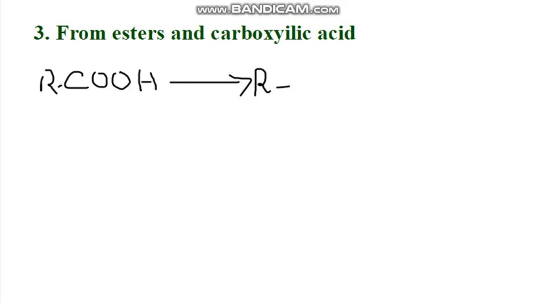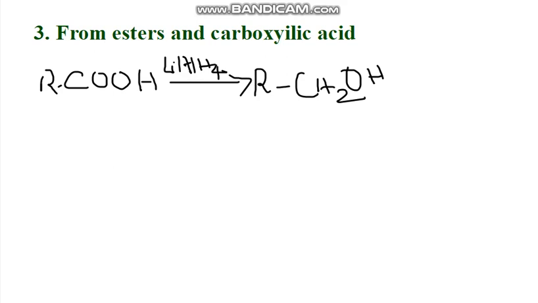Then we will get RCH2OH. Here also the reducing agent can be any of the reducing agents. For example, we are taking lithium aluminium hydride. It is a good reducing agent. So carboxylic acid when undergoing reduction will give alcohol.